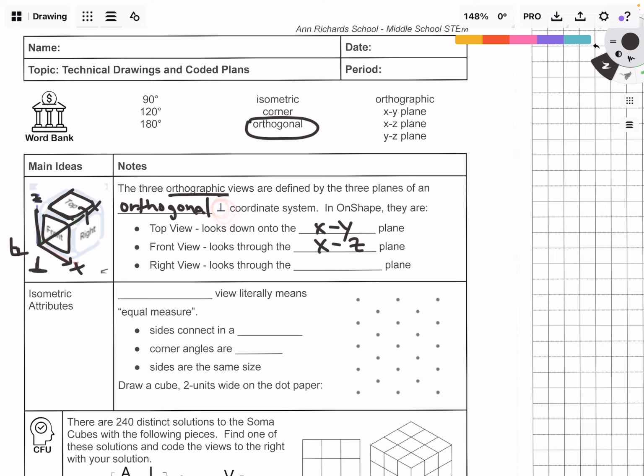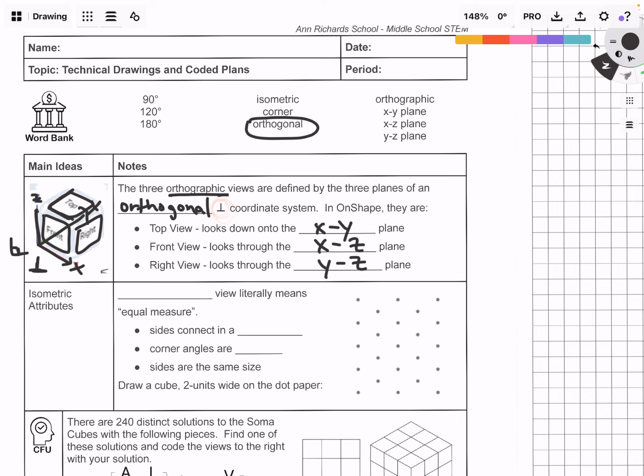And then my right view is going to be looking at the y and z plane. And this is going to matter when we start translating an orthographic view into an isometric view.